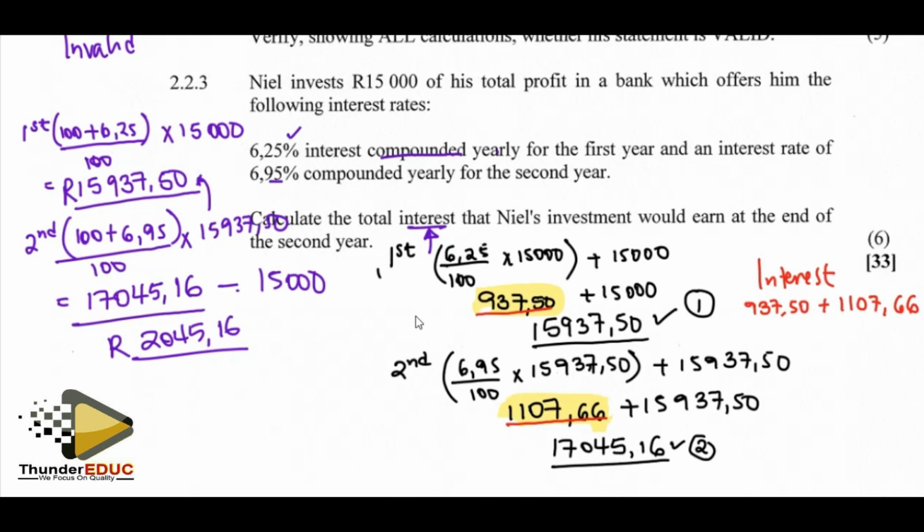When you add that, you get your answer, 2045 rand 16. And when you see that, you still get the same marks. You will have your full marks if you get your final answer. All right.